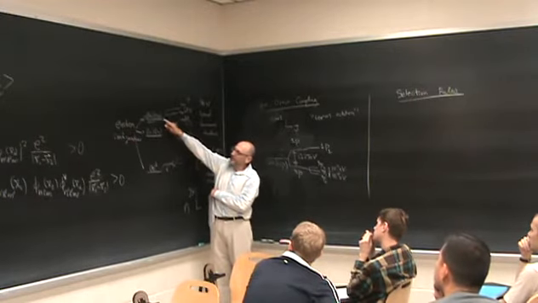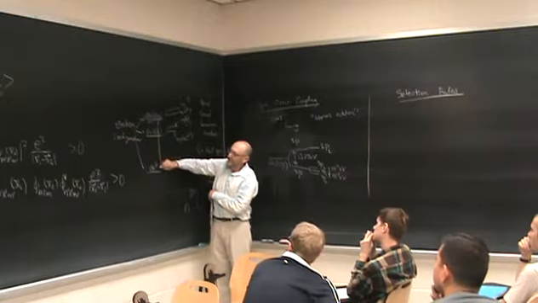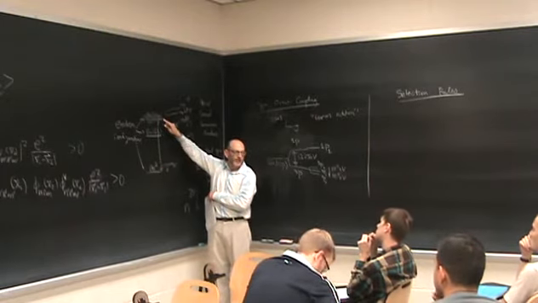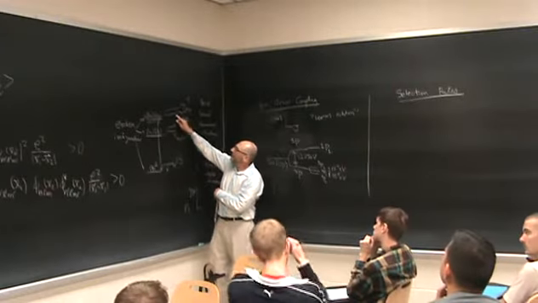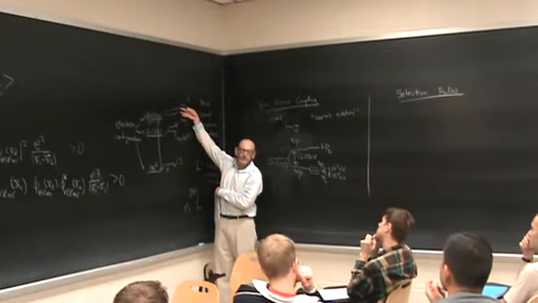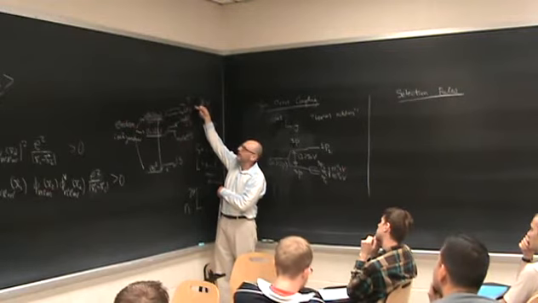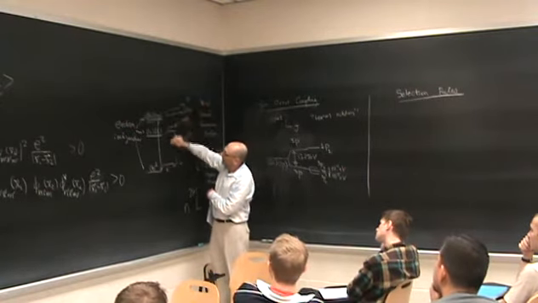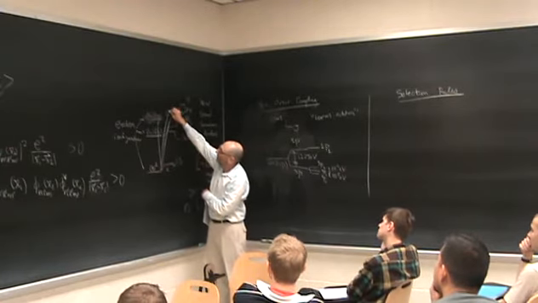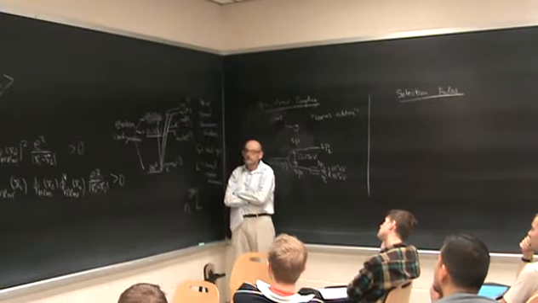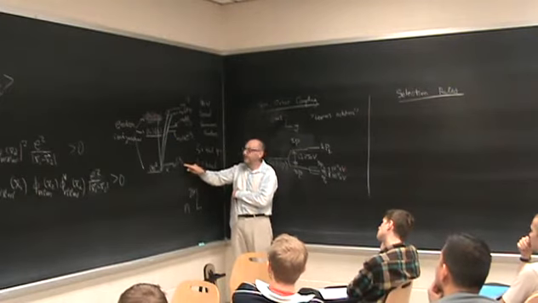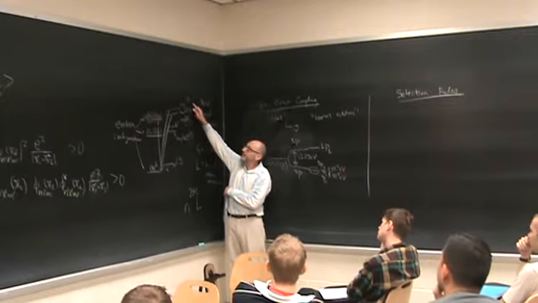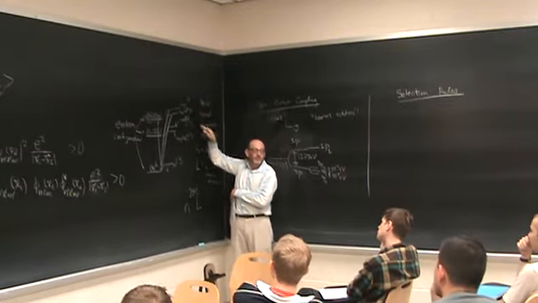Here is an allowed dipole transition because we can go from an S to a P. But this gets split by a pretty big amount into the triplet P and the singlet P. Can I go from here to here or here to here? Well, the ground state is a singlet. Can I connect also to singlet or triplet?